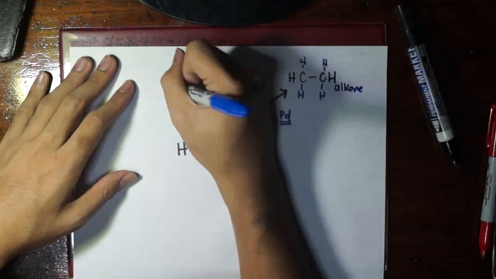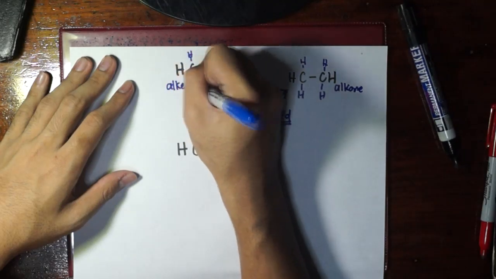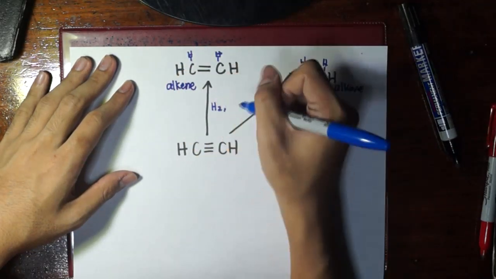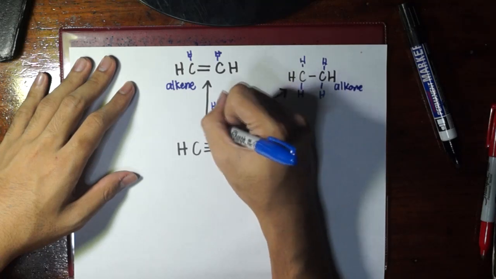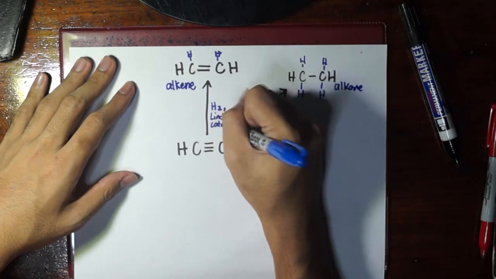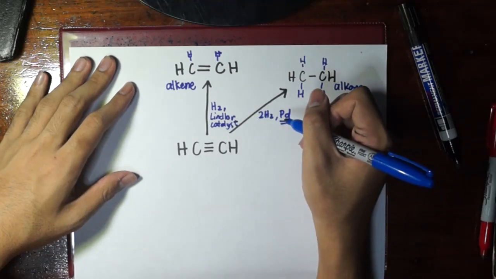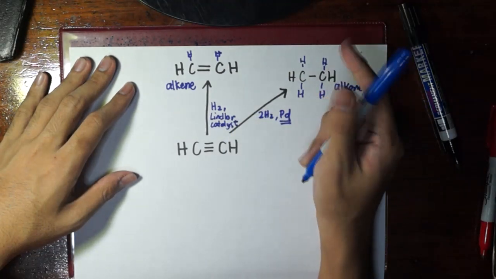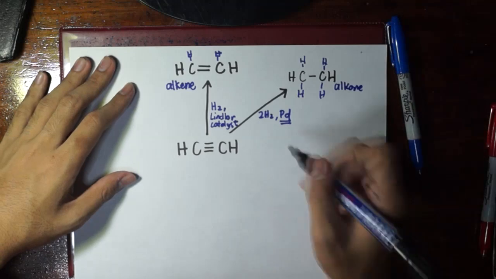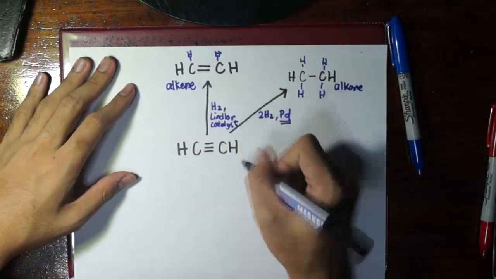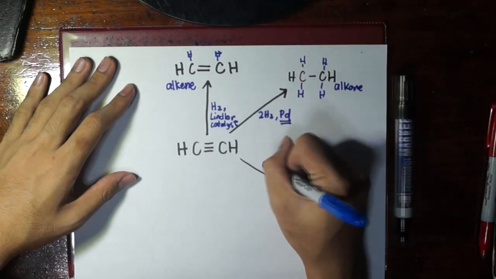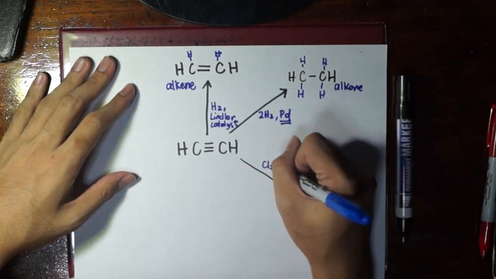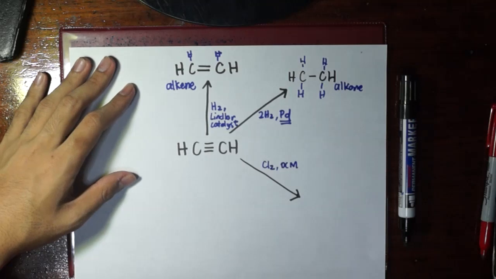But if you want to achieve an alkene out of an alkyne, you must be able to use a certain catalyst, and they call it the Lindlar catalyst. So again, if you want to produce an alkene from an alkyne, you must use a Lindlar catalyst and 1 mole of hydrogen. So that's it for hydrogenation of alkynes. Now, what if we have a mole of halogen in the presence of a certain solvent such as DCM?